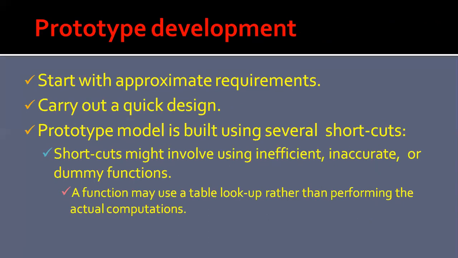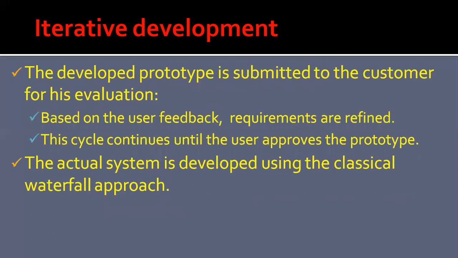This cycle of obtaining customer feedback and modifying the prototype continues until the customer approves the prototype, saying that he is satisfied. In the iterative development step, once the customer approves the prototype, the actual software is developed using the iterative waterfall approach.